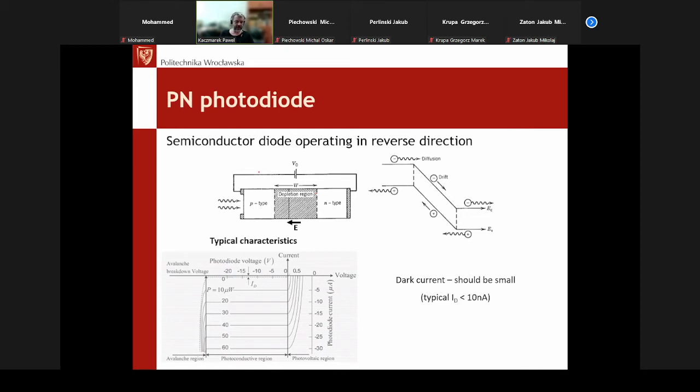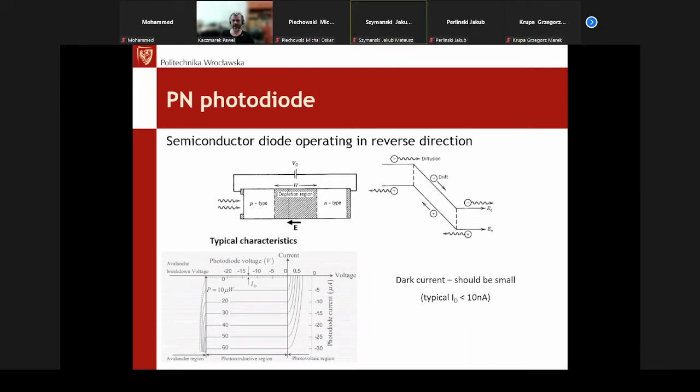I think you can also name another semiconductor photodetectors. Do you know other types of photodetectors made of some semiconductors?